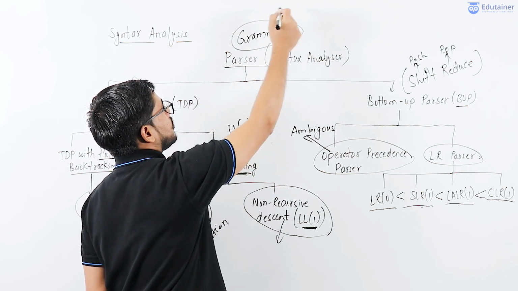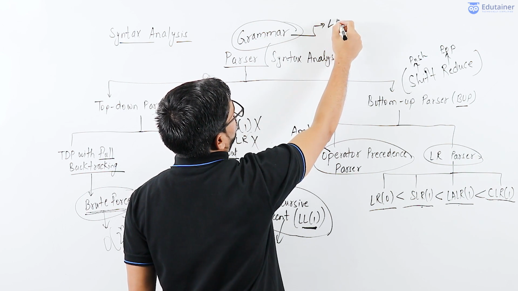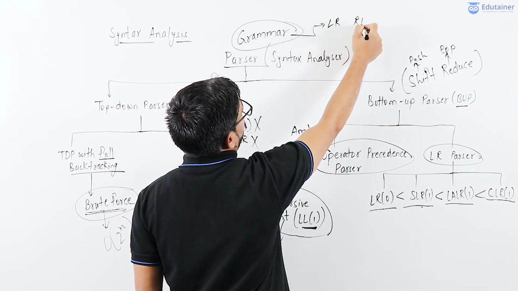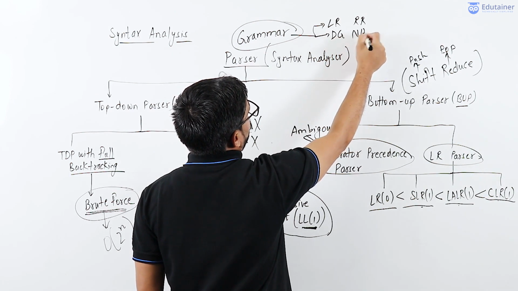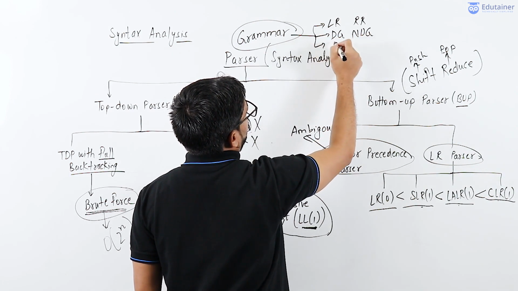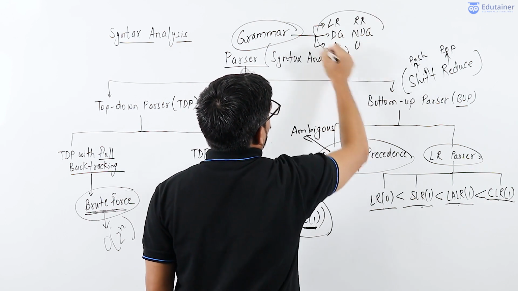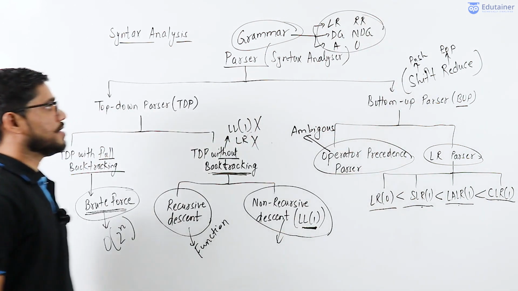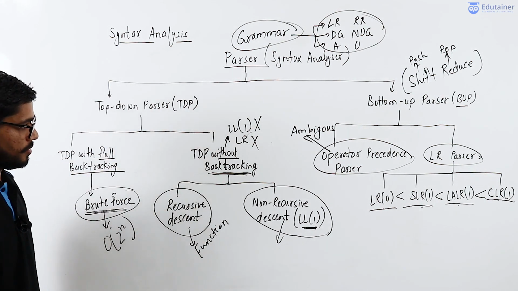In grammar I have discussed left recursive and right recursive grammar, deterministic and non-deterministic grammar, and ambiguous and unambiguous grammar. This concept is required to understand all the parsers.